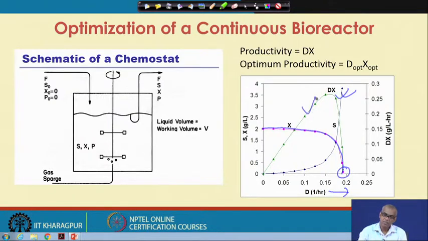And this is the variation of the productivity DX with dilution rate. You see, it reaches a maximum and then decreases sharply with increase in dilution rate. And you see that the optimal dilution rate is not very far from the maximum dilution rate, that is, the washout condition.